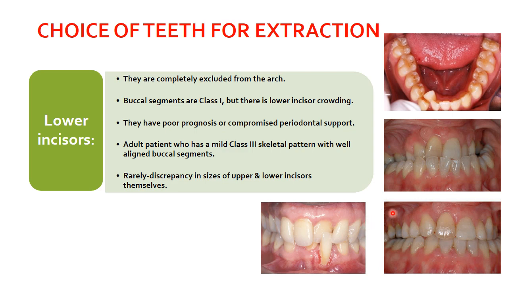Or if the patient has a mild class 3 malocclusion with lower incisor crowding, the central incisor can be removed to obtain a normal overjet, normal overbite, and relief of the crowding. So we will have a class 1 incisor relationship, but the molar relationship will be class 3.